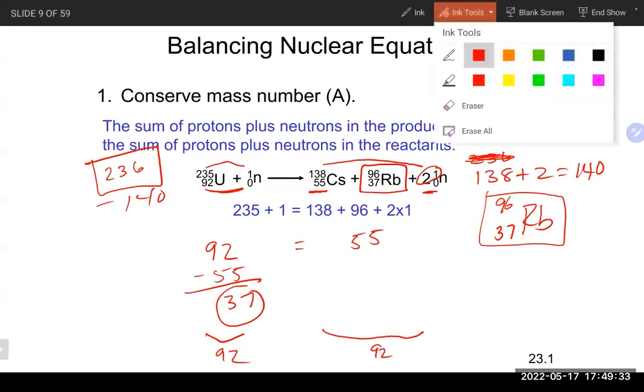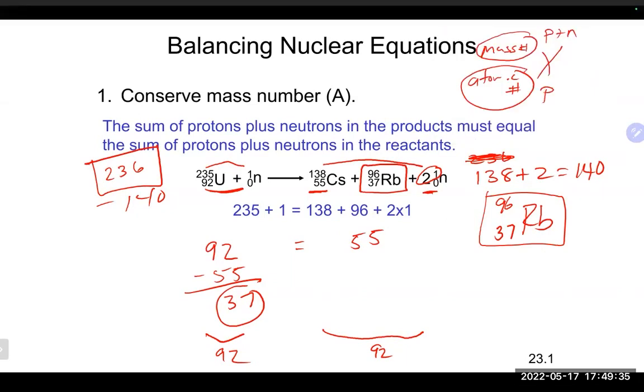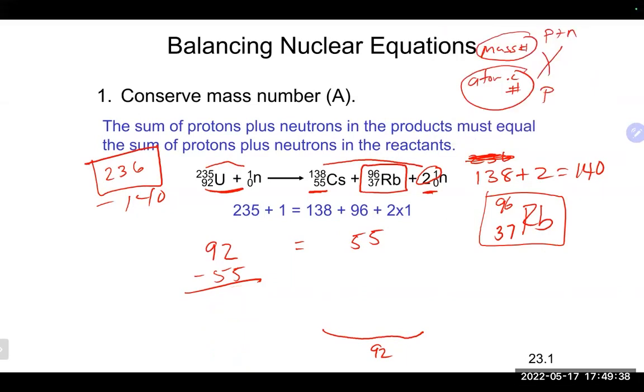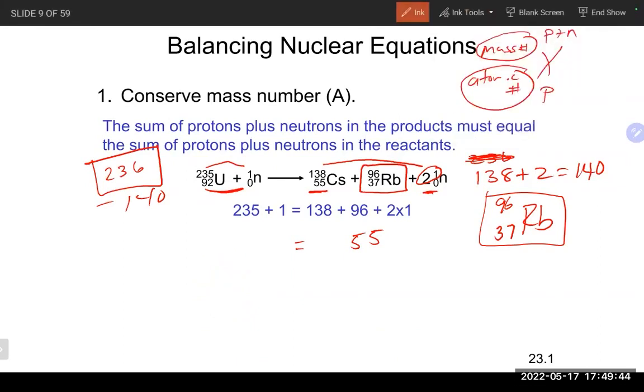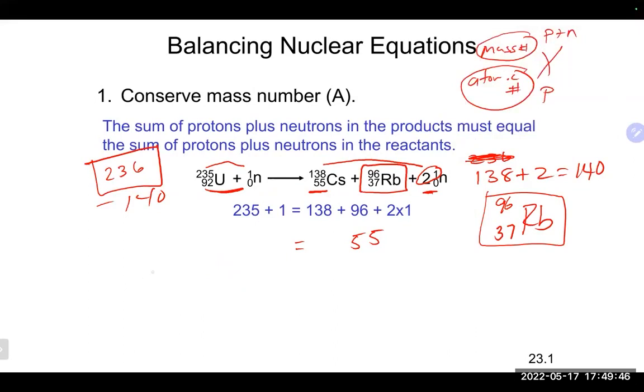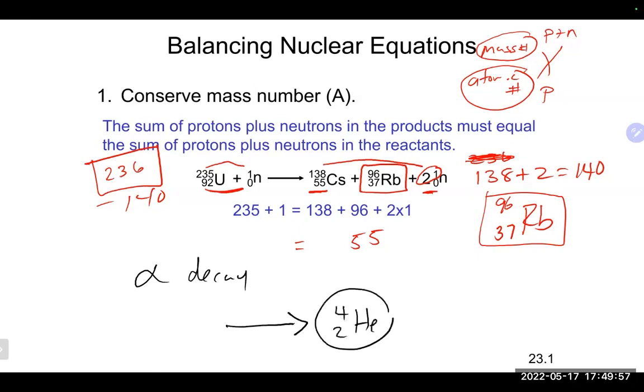Now, the other way is you'll sometimes be given things in words, if you will, and they'll say, hey, this guy goes through alpha decay or beta decay or something like that. So they'll sometimes say it goes through alpha decay or any of those other particles. And in terms of the arrow, that means that particle will end up on the product side.